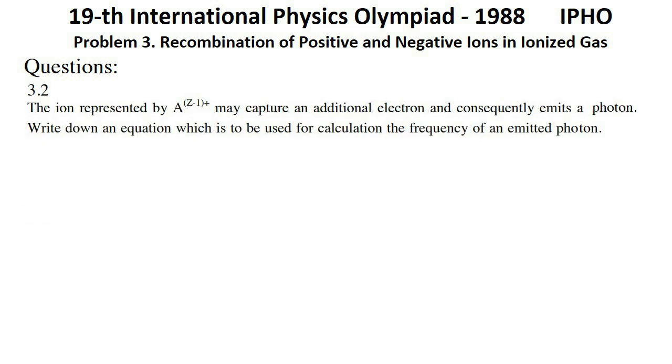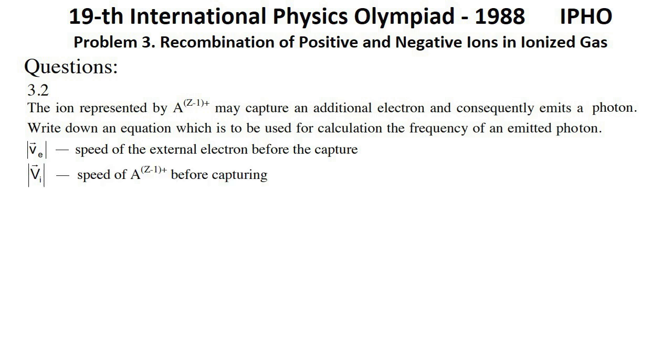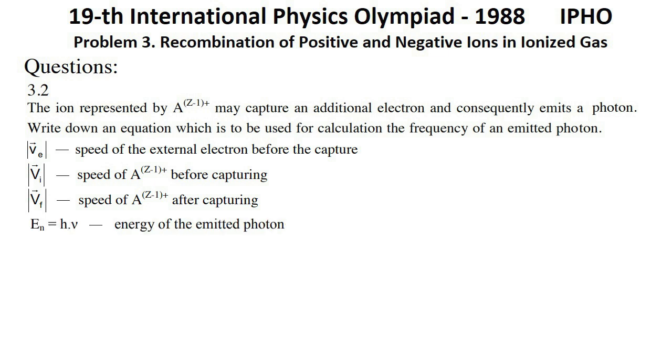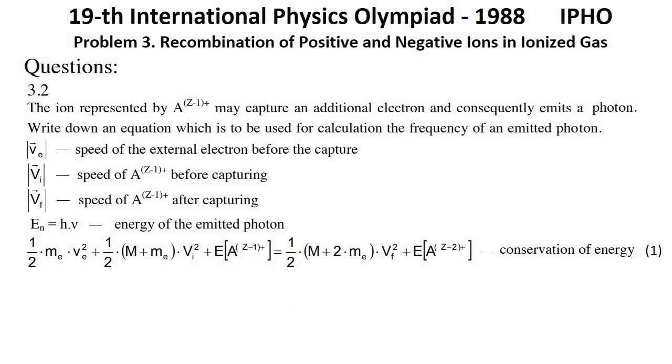Solution to question 2. Let v_E be the velocity of the outer electron before capture, v_i the velocity of A^(Z-1)+ before capture, v_f the velocity of A^(Z-2)+ after capture, and hν the energy of the emitted photon. Then the law of conservation of energy gives equation 1.